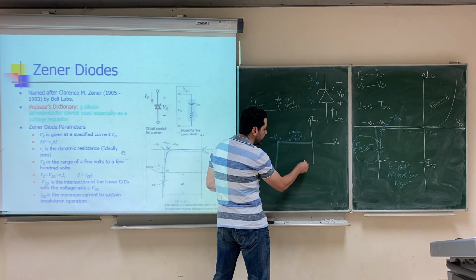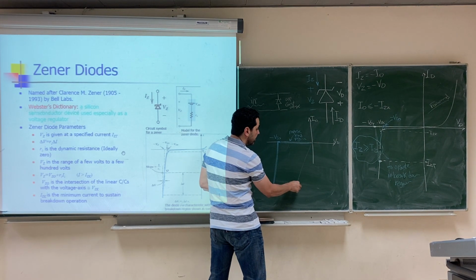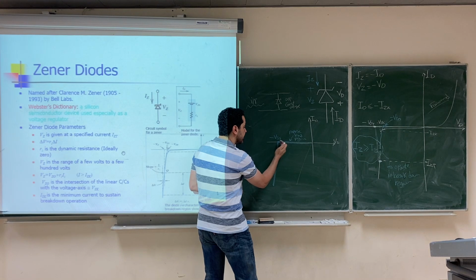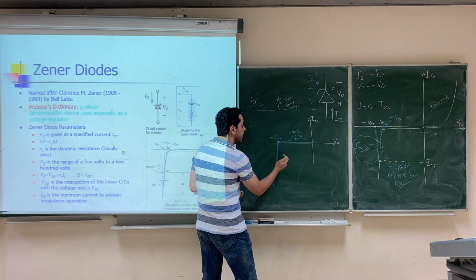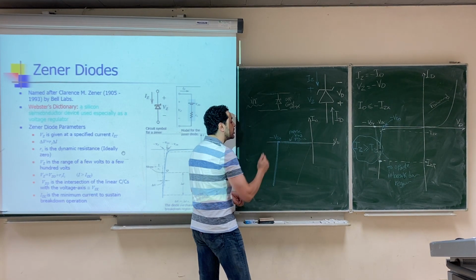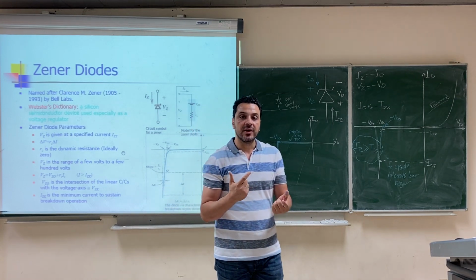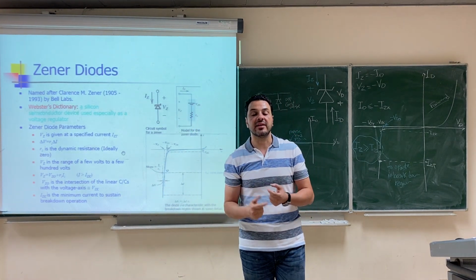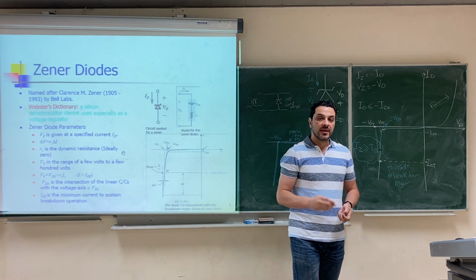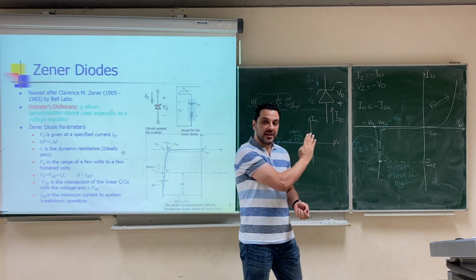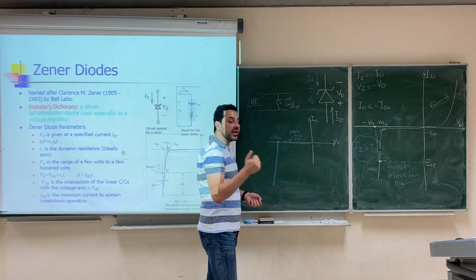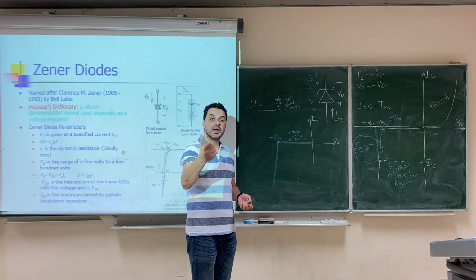Now the voltage is also shifted. There is a linear relation, but it is shifted by voltage negative VZO. So what do you think we should model the Zener diode with? If there is a linear relation but shifted in the voltage, then we can model it by a resistor and a battery.